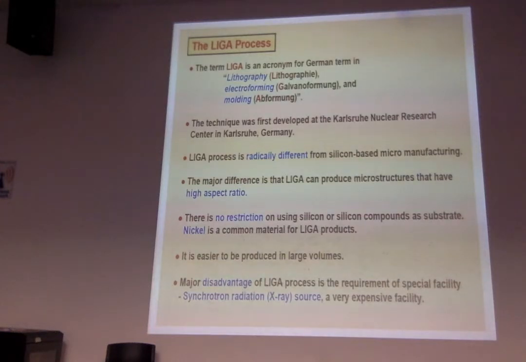Making three-dimensional structures of photoresist is easy because it's a normal lithography process. But using UV lithography, we have a limitation in the dimension we can achieve, not beyond 2 micron or 1 micron. So when you want to go for smaller dimensions, they use X-ray as the source. This is the first difference in the process.